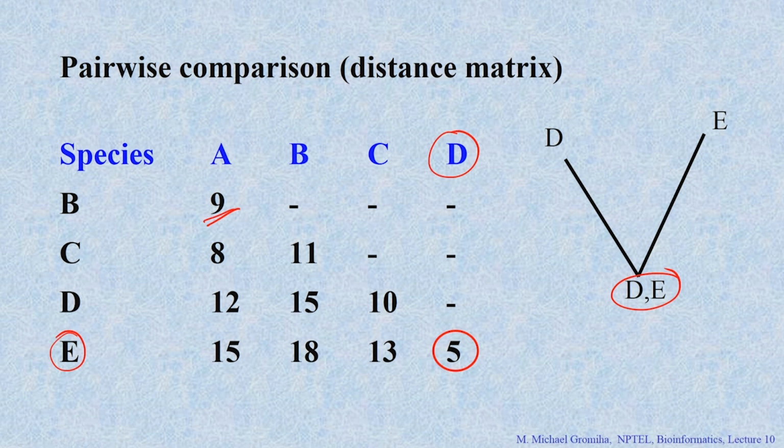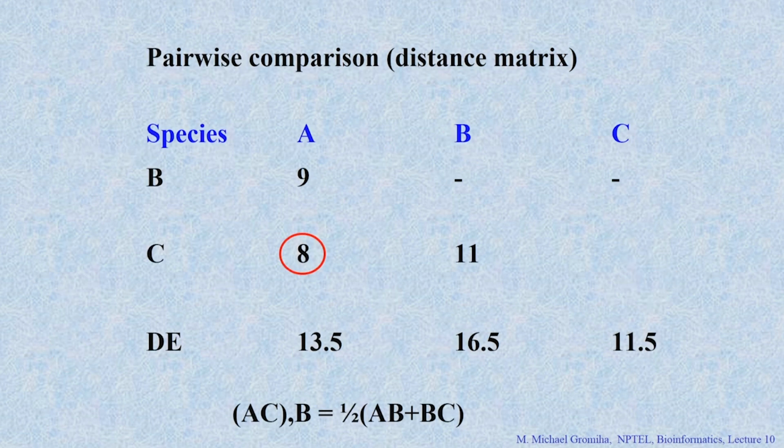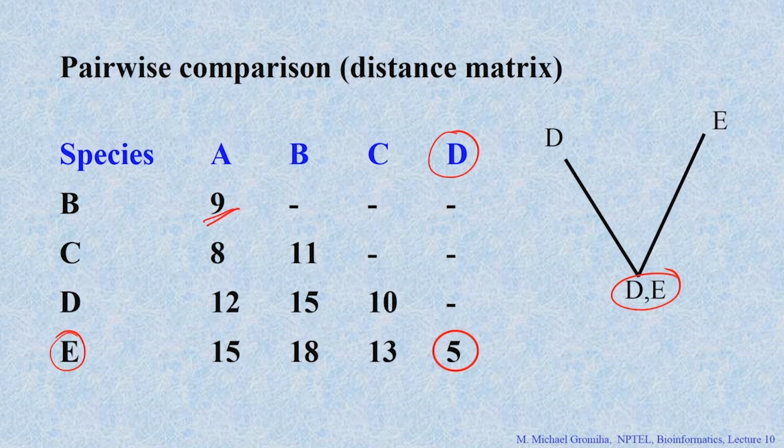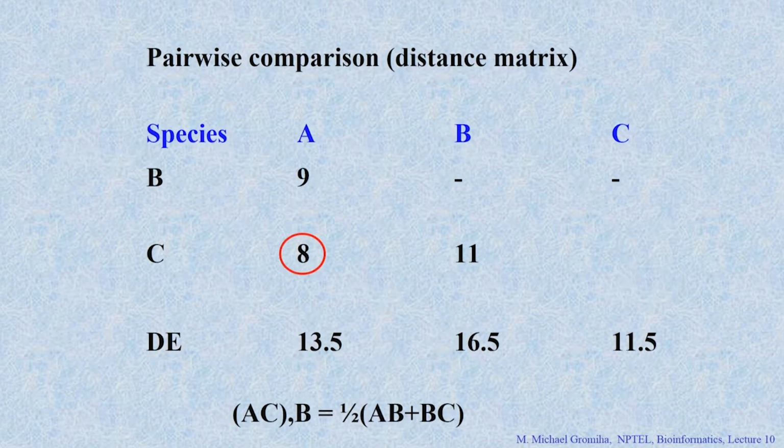Now, what to do? You combine this DE with all other species A, B and C. How to do this? You take the average. For example, B and A, we do not make any changes because we need to combine D and E. So, here we put the 9 as it is, and C, B and C we do not touch.